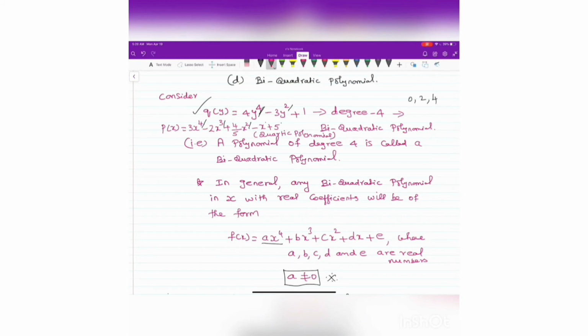If you are going to have even powers, you can call that biquadratic. If you are going to have 4, 3, 2, 1 like that, then you can call it a quartic polynomial. So, let me make a note over here also, slash quartic polynomial.